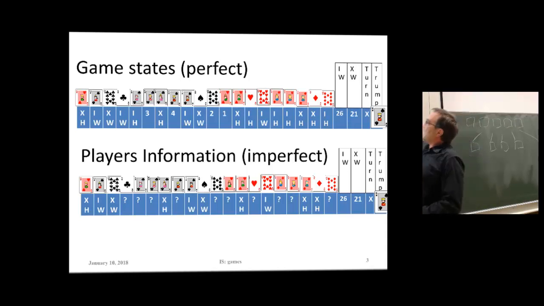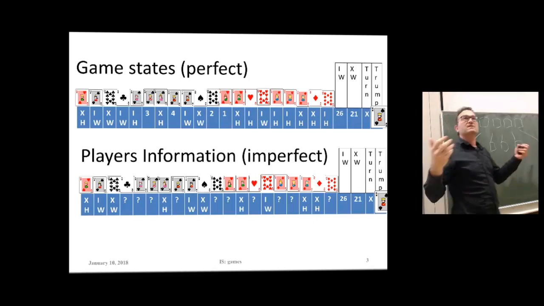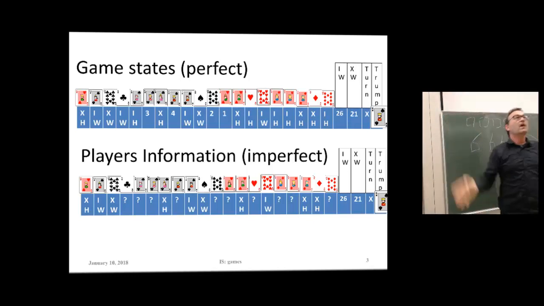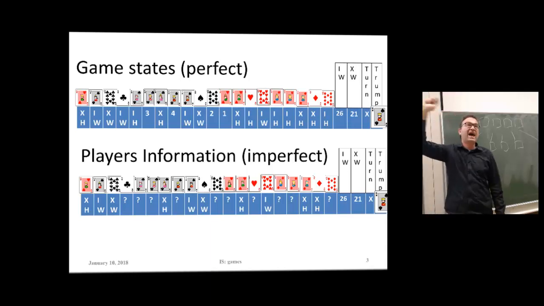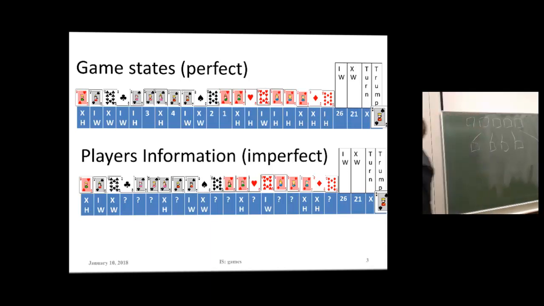And given this state, the game engine can very easily run a game. Because it just means that if I now take the ace of spade from X's hand, sorry, it's already won there.